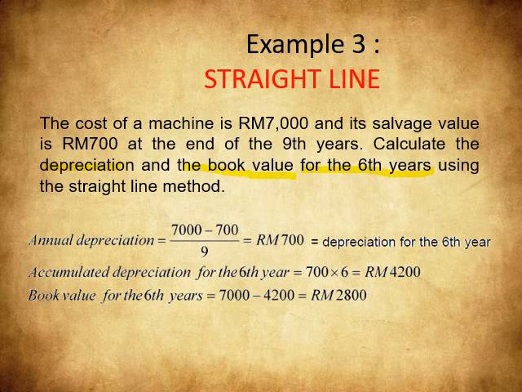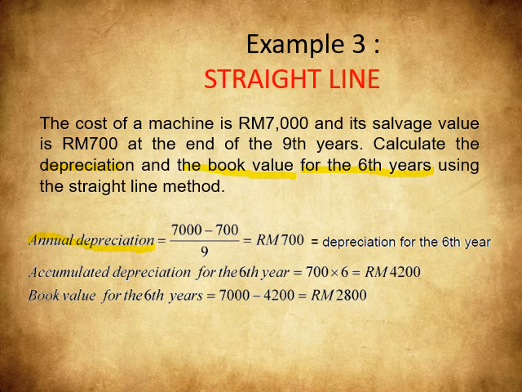So how do we calculate the depreciation for the 6th year? We use the annual depreciation formula. Annual depreciation equals 7,000 minus 700 divided by 9, which is equal to 700. So walaupun ini adalah annual depreciation, tetapi kita tahu kalau dalam straight line method, depreciation every year sama saja.